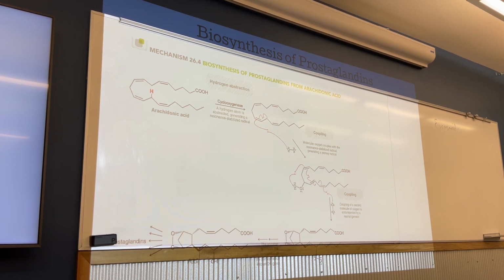What they do is they prevent the arachidonic acid from going through these steps and turning into prostaglandin by deactivating the cyclooxygenase, this enzyme that is responsible for this hydrogen abstraction step.